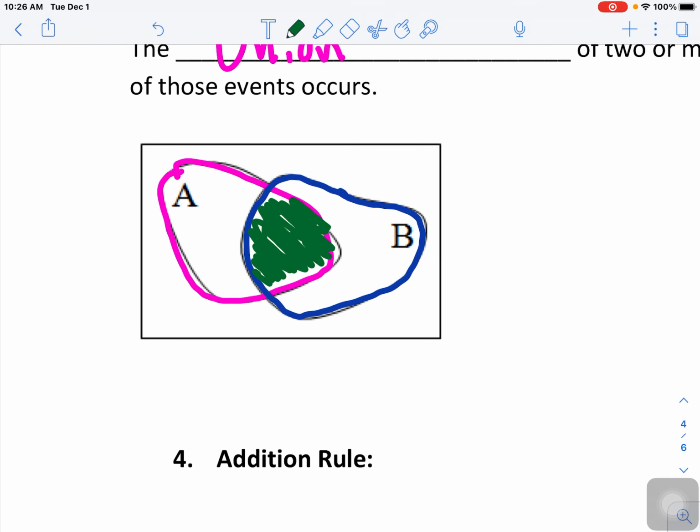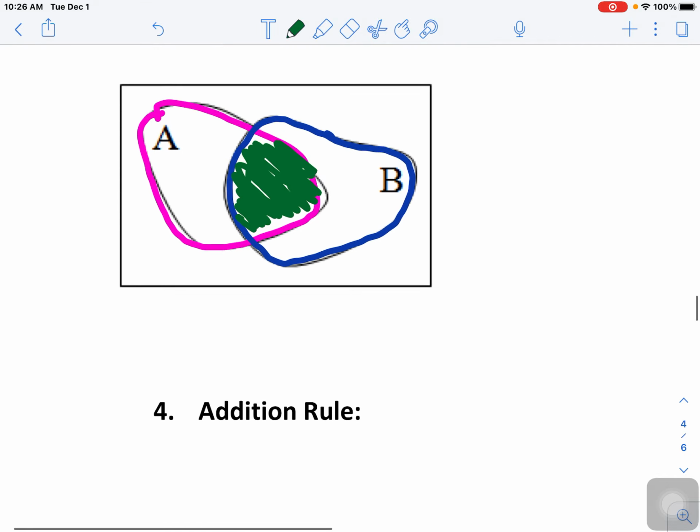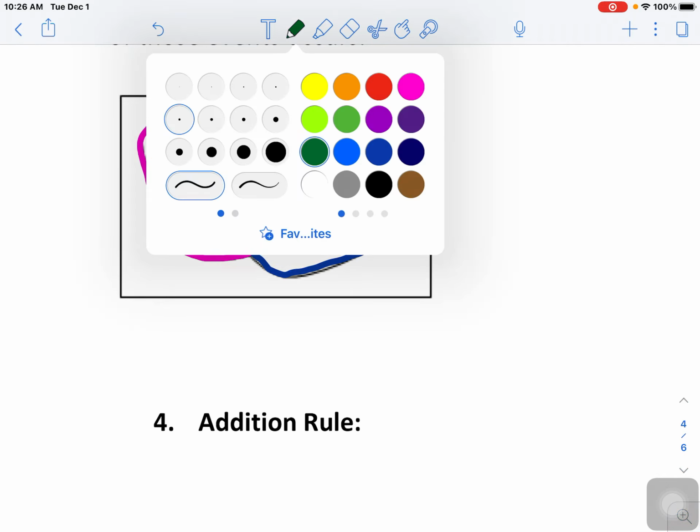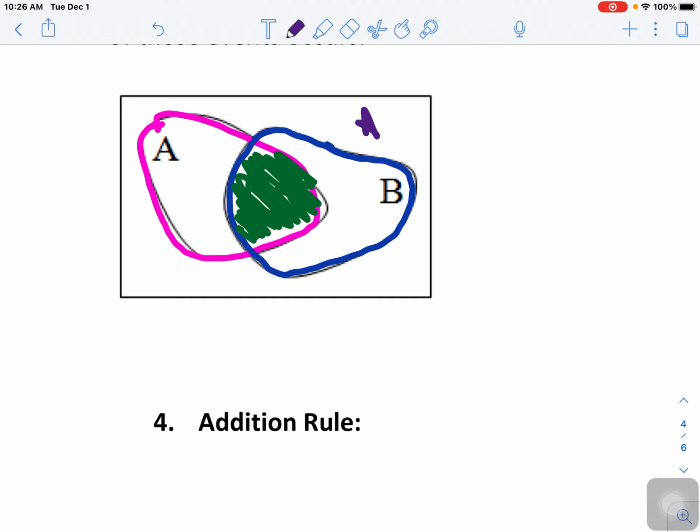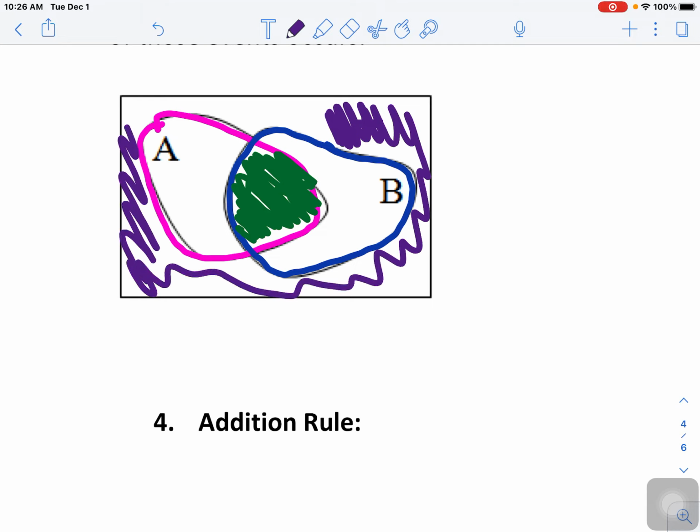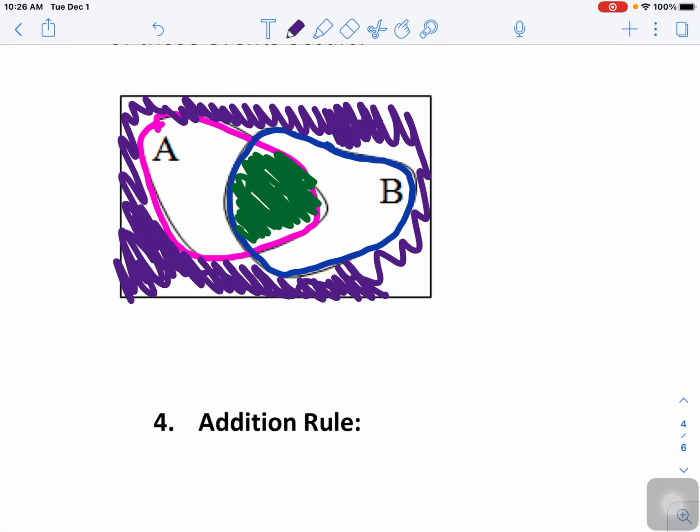They could both happen, or just A could happen, or just B could happen, or neither of them could happen, which would be out here in this little star region, like this purple. Okay, so the purple is neither A nor B happens. It's getting a little messy, guys.